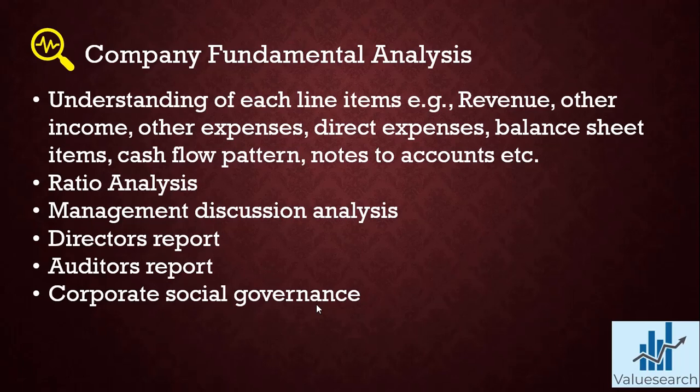Now, can you tell me which company is more profitable, company A or company B? So you will say it is company B. So how did you arrive at this conclusion? As you must have noticed, in company A, the total turnover was 10,000 crore rupees, and for company B, it was 1,000 crore rupees.